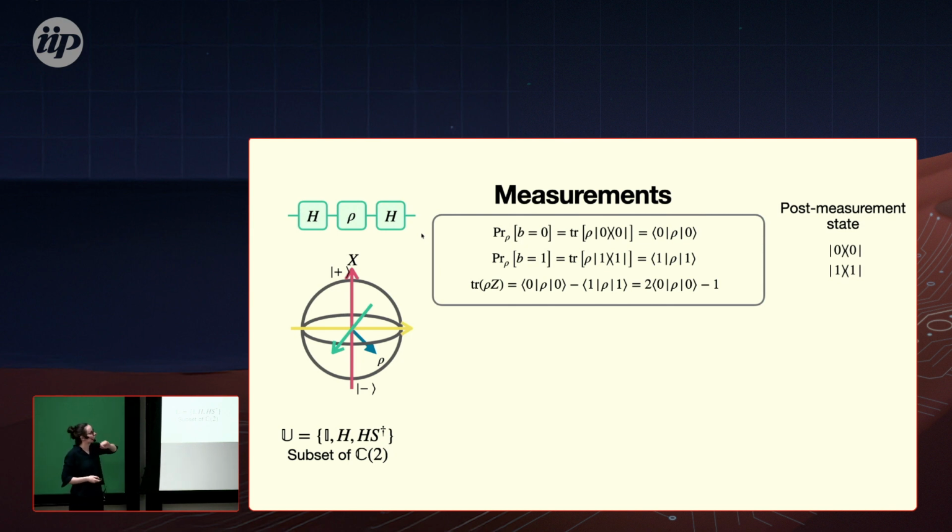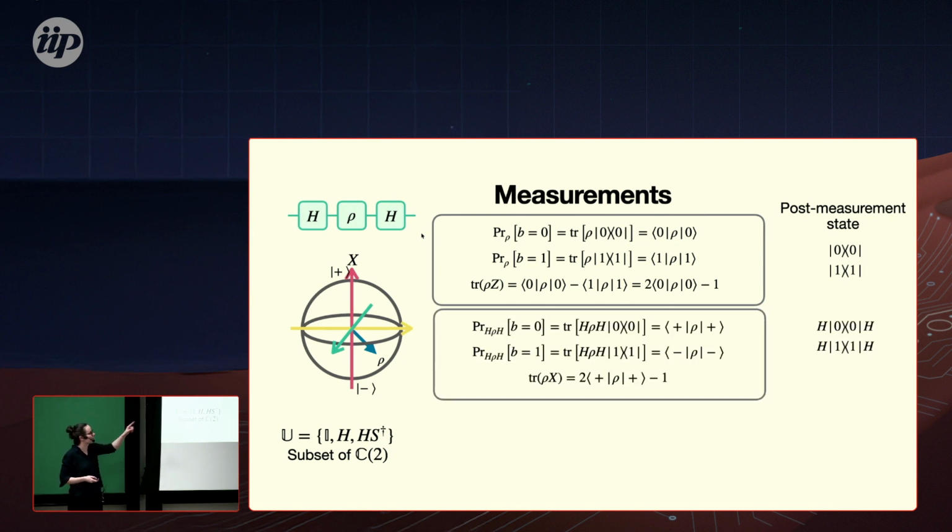But now if we measure our state, we would have the same as above, just in the X basis. So measuring a 0 would actually be measuring a plus, measuring a 1 down there would be measuring a minus, and then our post-measurement states look like tensor products of plus plus or minus minus, and we can rewrite our expectation value again with just estimating the probability to measure plus in this case.